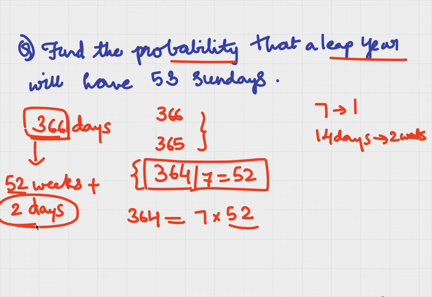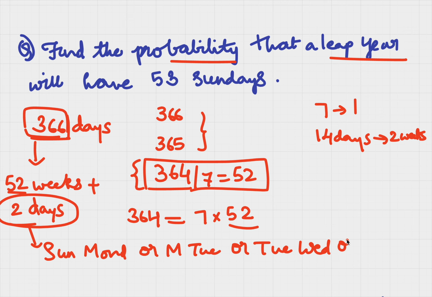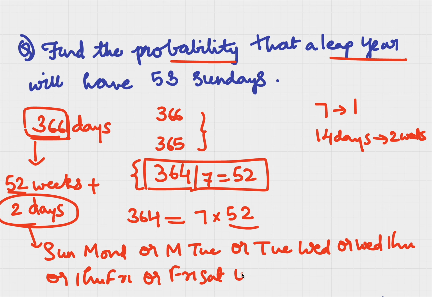In these 2 additional days, these 2 days can be Sunday, Monday, or Monday, Tuesday, or Tuesday, Wednesday, or Wednesday, Thursday, or Thursday, Friday, or Friday, Saturday, or Saturday, Sunday. So these 2 days can be any of these combinations.